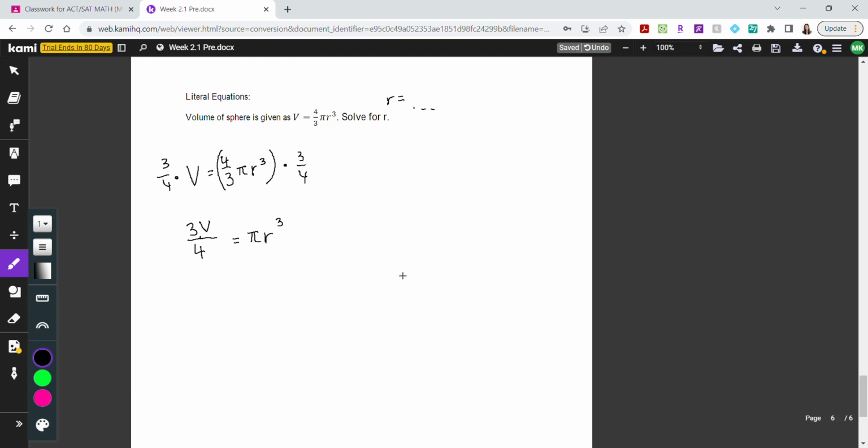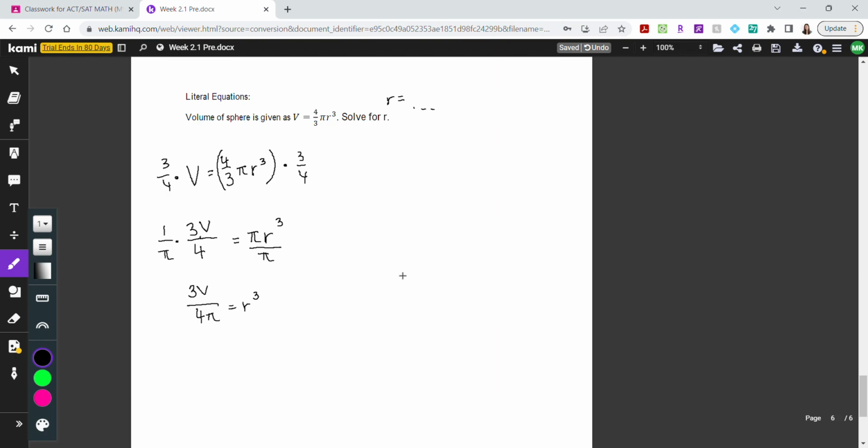All right, now let's get rid of the pi, because we want r cubed to be isolated, to be by itself. Because pi is being multiplied to r cubed, we're going to divide both sides by pi. Divide both sides by pi. All right, so that's going to give us 3V over 4 pi equals r cubed.